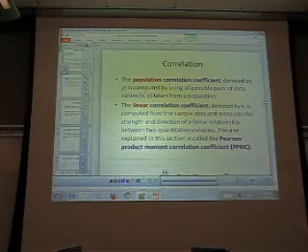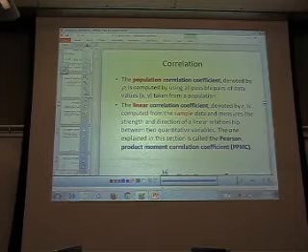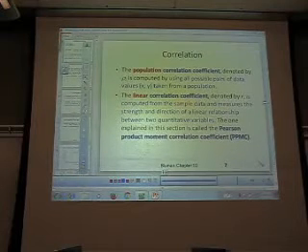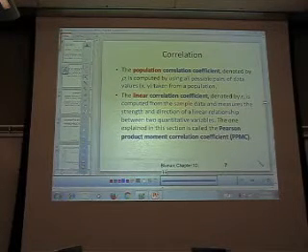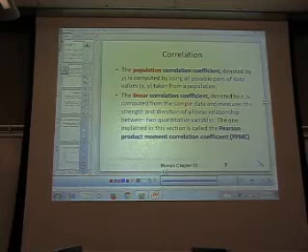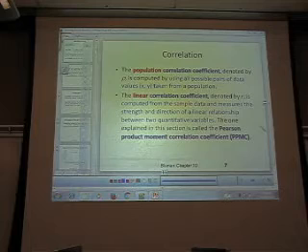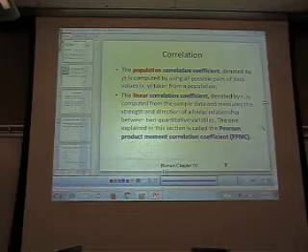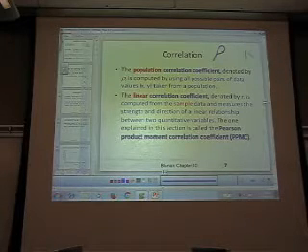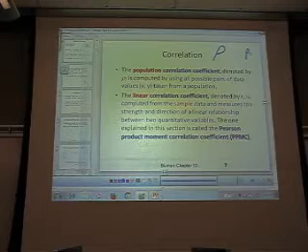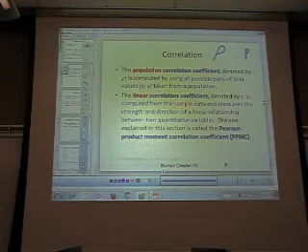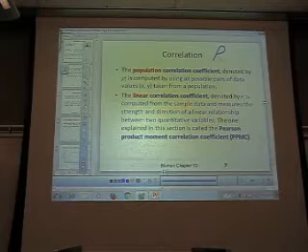Correlation. Jimmy, go ahead and read. The population correlation coefficient, denoted by rho, is computed by using all possible pairs of data values x, y taken from our population. Remember, rho curls around like that. It's not like p. It's rho, it just circles around and loops.